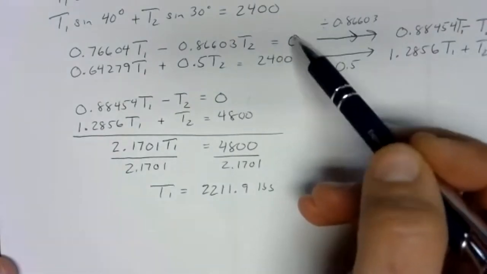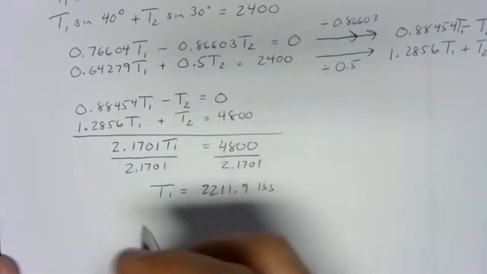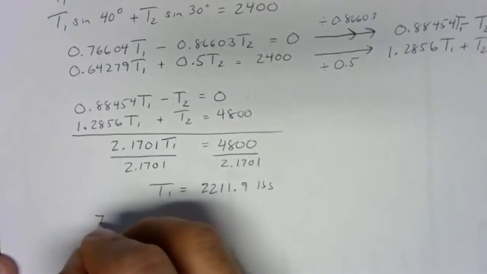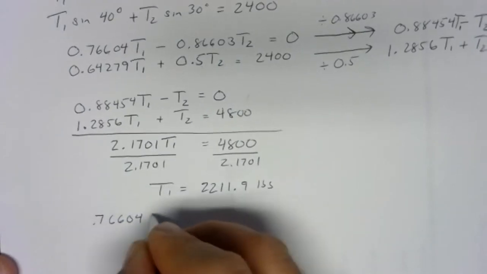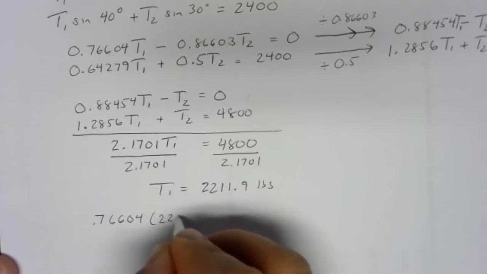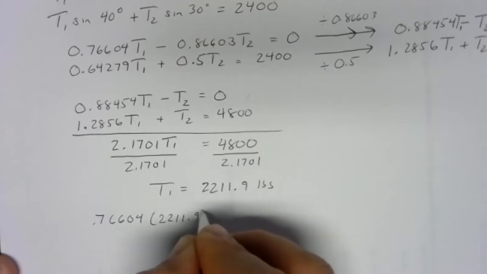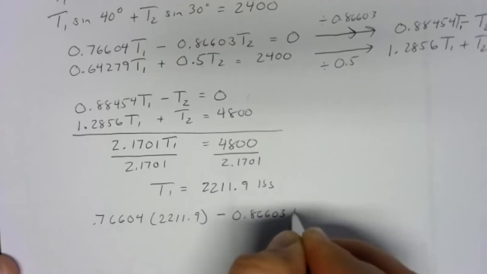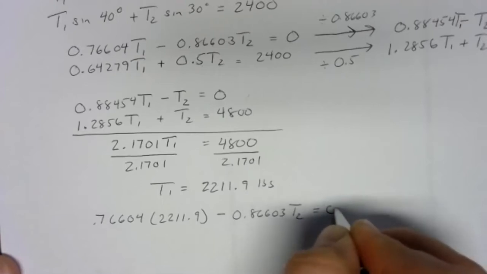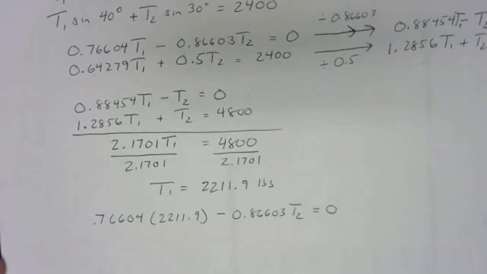I don't have a number over on the right hand side. So if I go and plug that in, I've got 0.76604 times my value of T1 minus 0.86603 T2 equals 0. So if we multiply that out, we've got 0.76604 times 2211.9.